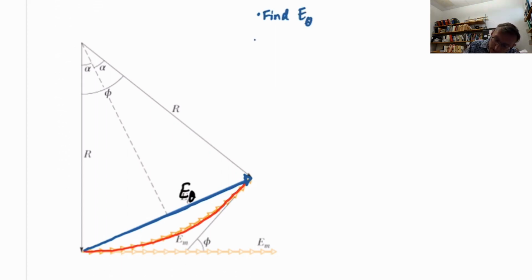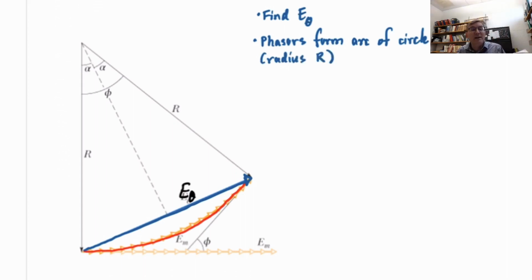We're going to think of the phasors as forming an arc of a circle. And that circle has some radius that the picture shows, because every arc of a circle has some radius. We're going to denote R, okay, to its center of curvature.